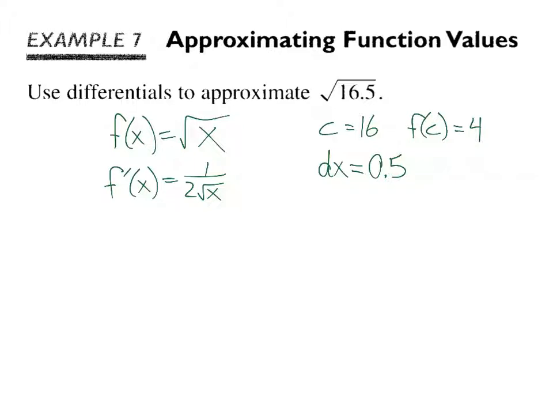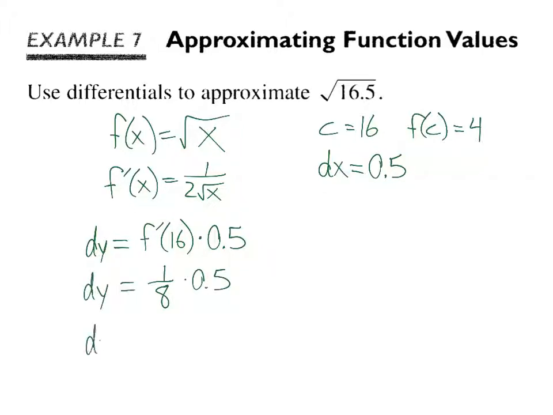So what I want to do is take the dy, and that's going to equal f prime of 16 times the dx, 0.5. F prime of 16 is 1 over 8. So 1/8 times 0.5, and that means dy is 1/16.